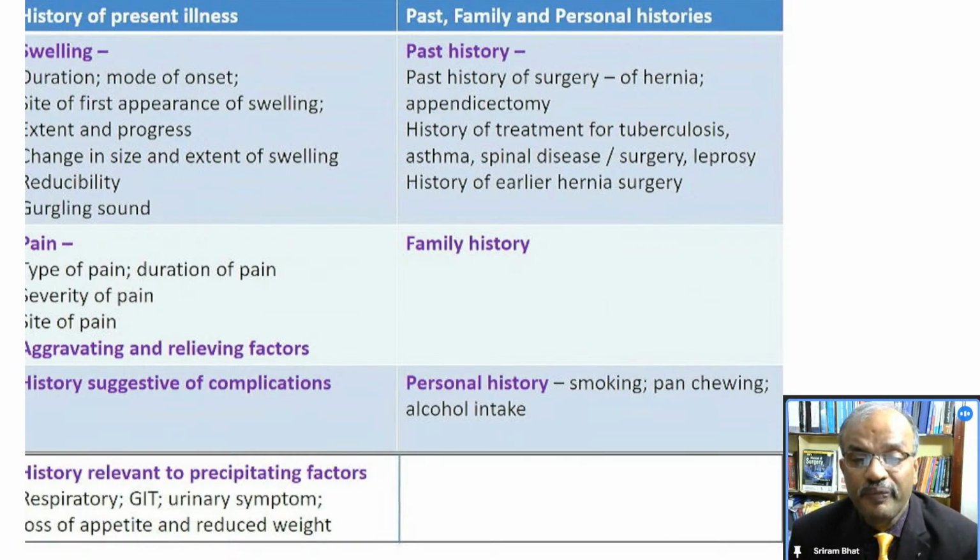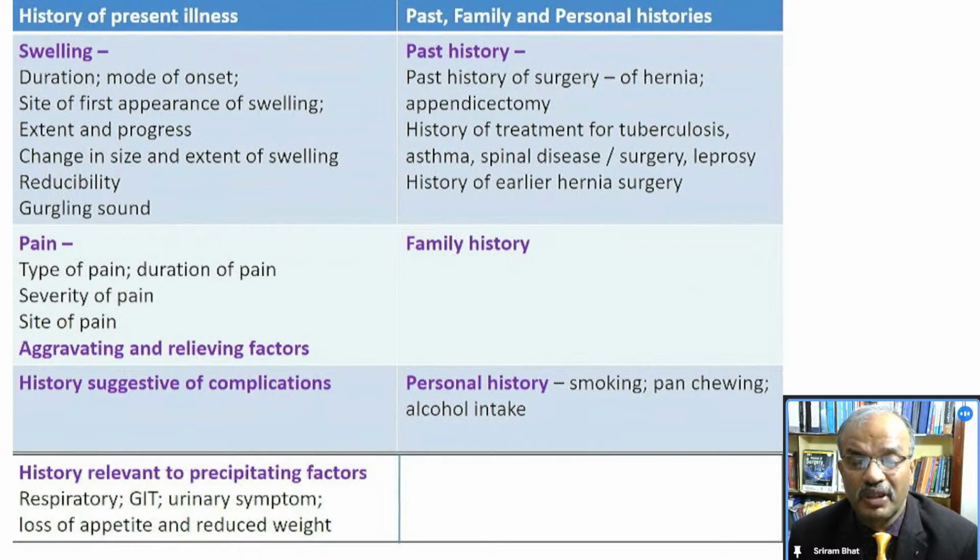Personal history: smoking is a very important precipitating cause for hernia. Pan chewing and alcohol intake are also important. History relevant to precipitating factors: I already told respiratory, tuberculosis, asthma, bronchitis, then gastrointestinal, constipation, mainly habitual constipation, straining, previous surgery, perineal surgeries like hemorrhoidectomy, fissure surgery, or fistulectomy may cause straining.